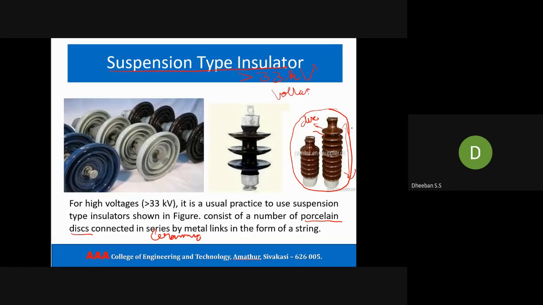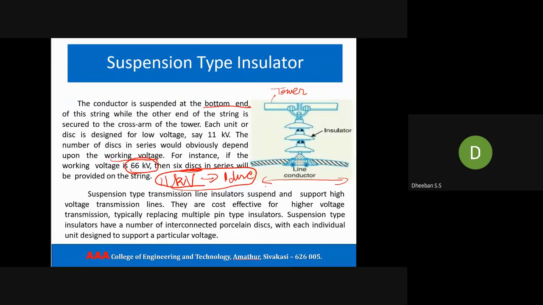It is possible. If you are going near the EB station and you see this kind of suspension insulator, you can just count the number of discs and calculate with this concept. For 11 kV it needs one disc, so with respect to the number of discs there, you can easily find the total voltage level.